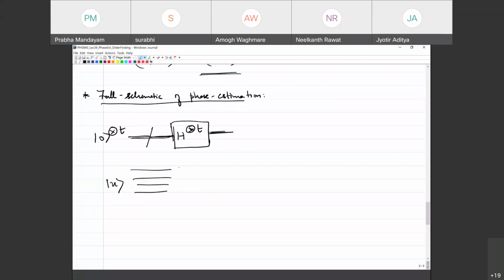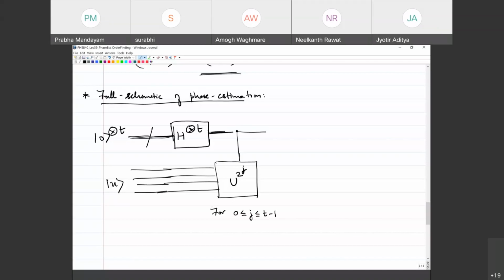And after this Hadamard tensor t, I will just draw one control box and I will say that you do U raised to 2^j, for j from 0 to t-1, right? So this is a whole sequence of controlled U's like this. Then at the end of it, you again have these t data qubits.